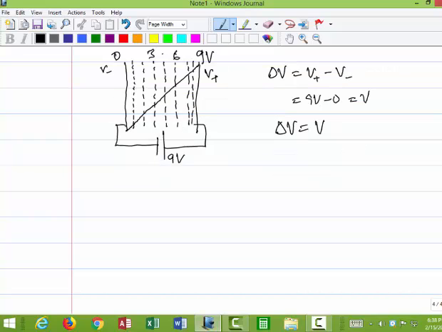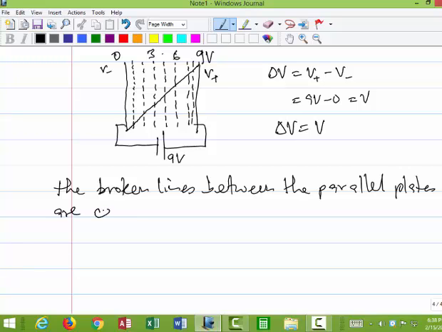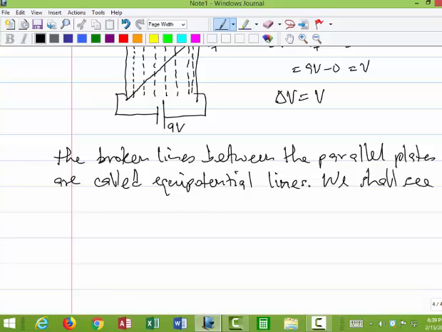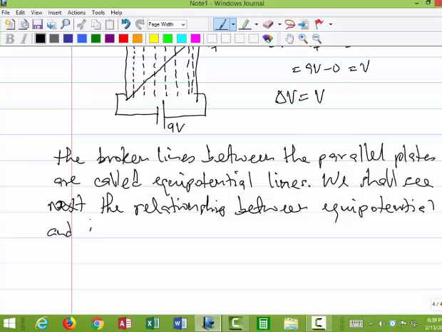The next thing I'd like to do is look at the equipotential lines and how they relate to field lines. So we can say that the broken lines between the parallel plates are called equipotential lines. Equipotential means equal potential, so they're called equipotential lines. We shall see next the relationship between equipotential and field line.